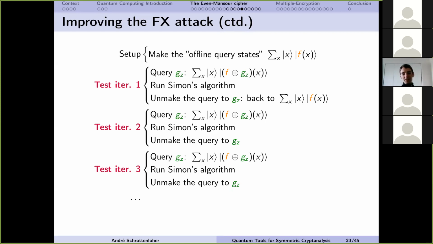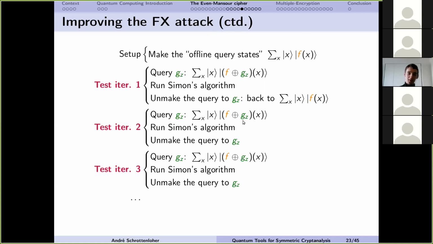And now each time we need to test a new guess of the internal permutation in our case, we're simply having a look at the queries to f that are here in our memory, creating the states we need for Simon's algorithm, running Simon's algorithm, and then reverting the states back to query to f. And we're using these additional states in order to not have to remake the queries to f at each iterate.